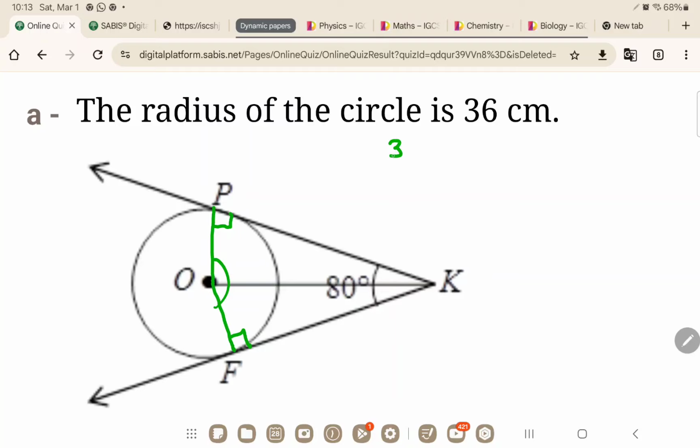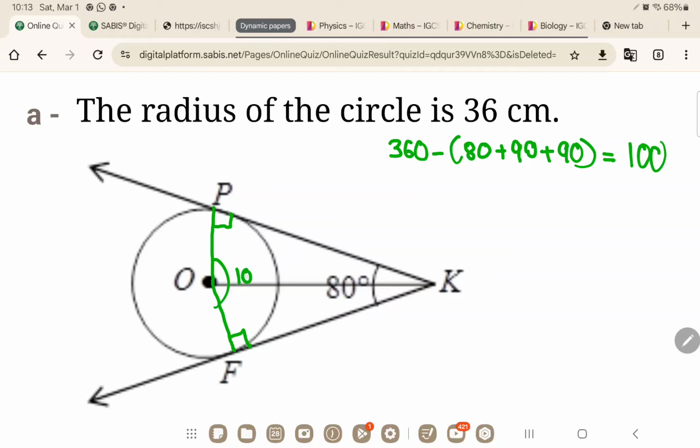So 360 minus 80 plus 90 plus 90 is gonna give us, I'm not sure, I think 100, but let me check. 360 minus 80 plus 180 gives us 100. So that's 100. Now we need to find the arc.